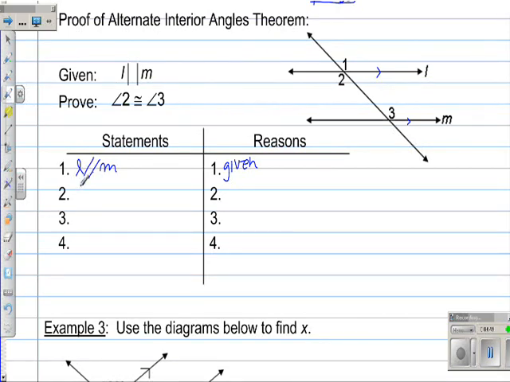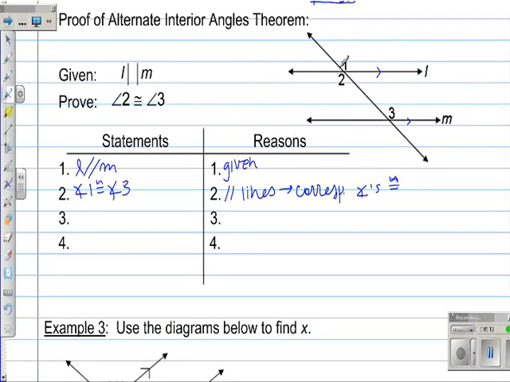So we can say angle 1 is congruent to angle 3 because parallel lines imply corresponding angles congruent. Okay, that should be a congruent symbol.